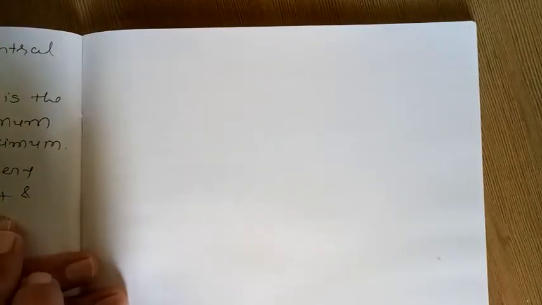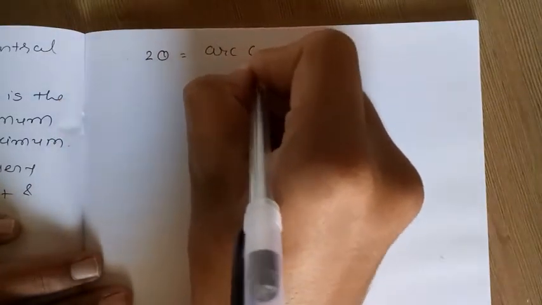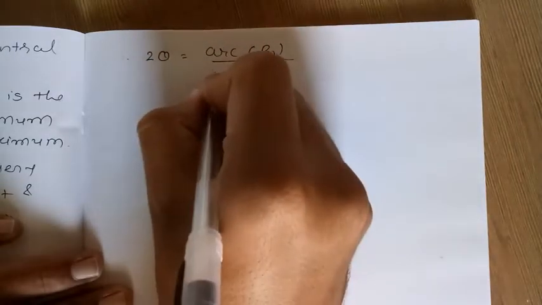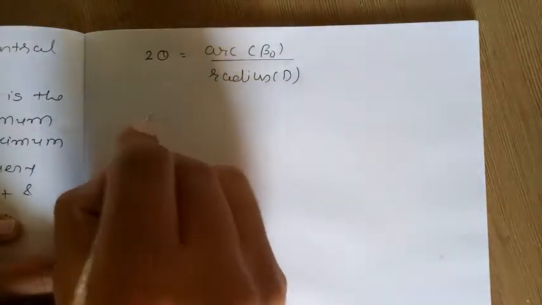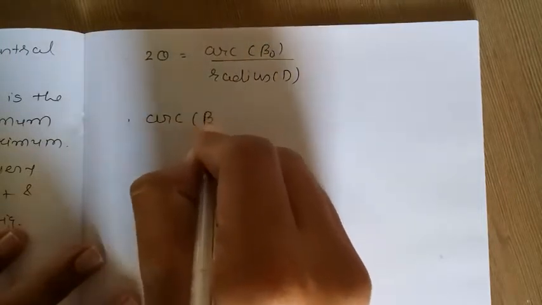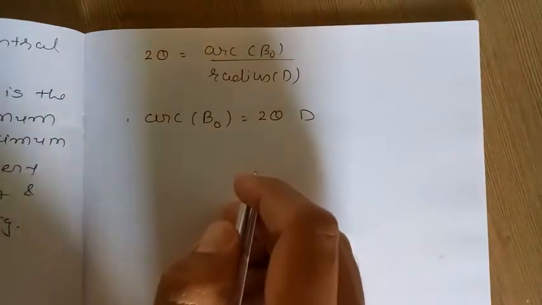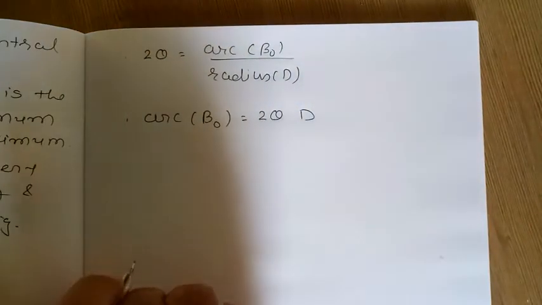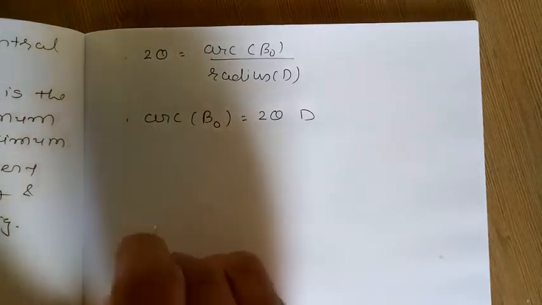So we can write that 2 theta is equal to arc b0 upon radius capital D. So the arc b0 is equal to 2 theta into capital D. But we know that 2 theta is equal to 2 lambda by a.